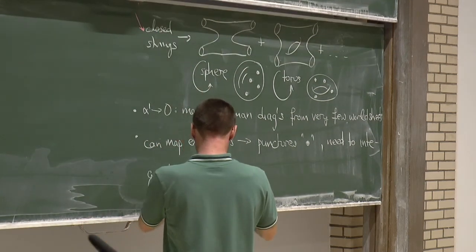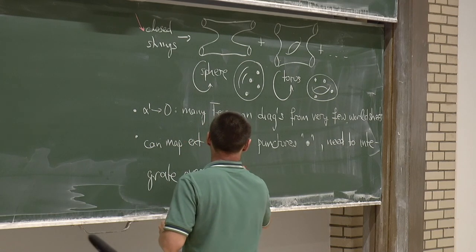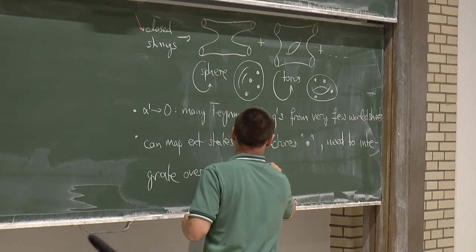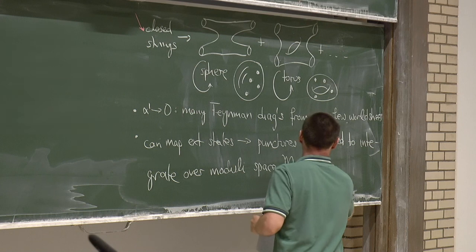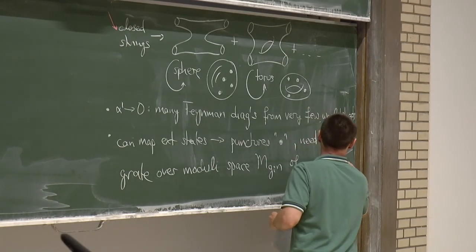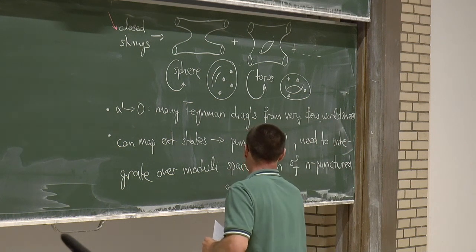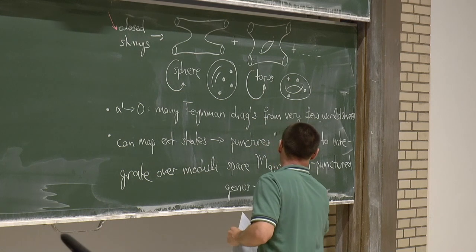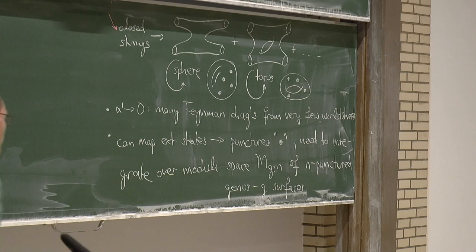We need to integrate over the moduli space M_{g,n} of n-punctured genus g surfaces. So this is how you can explain to a mathematician what you are doing if you compute string amplitudes.